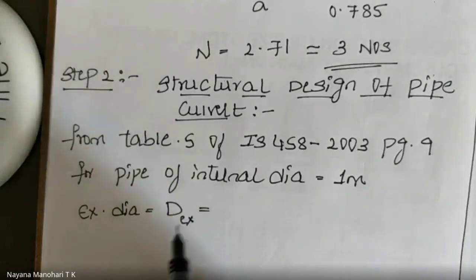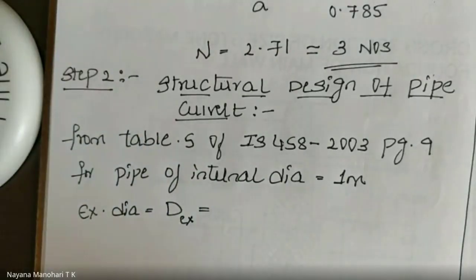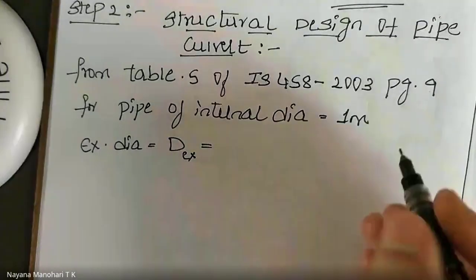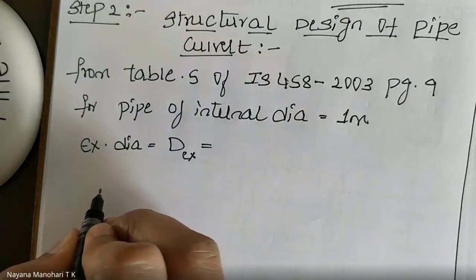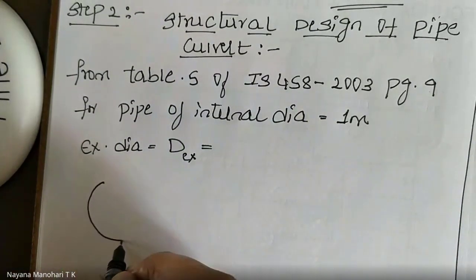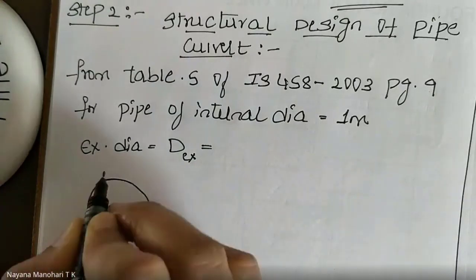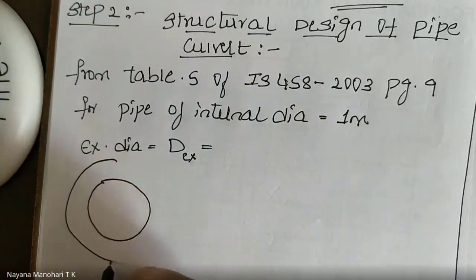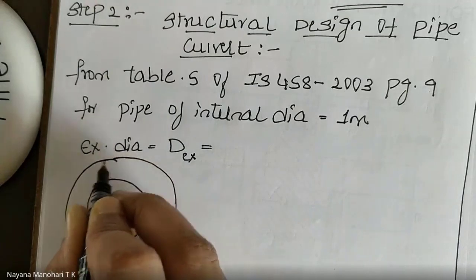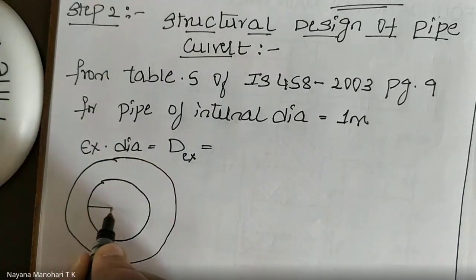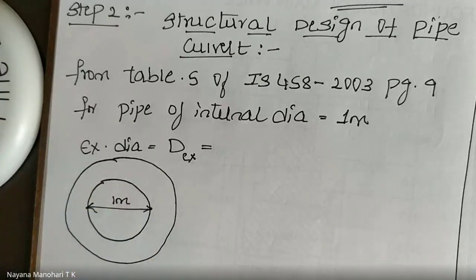See, this is the pipe. That is the cross section of the pipe. This will be your internal diameter, that is 1 meter.